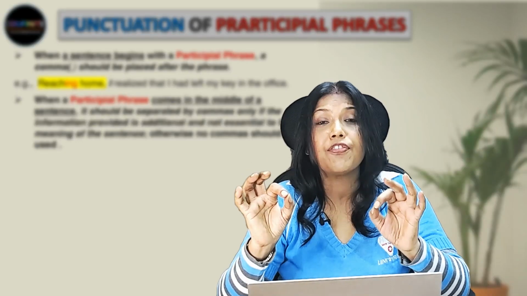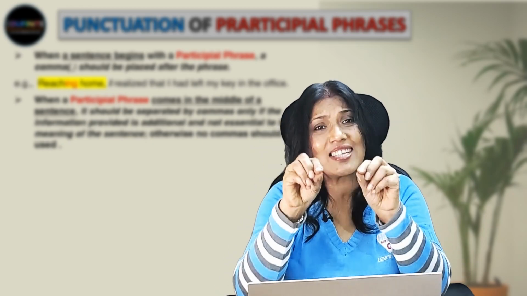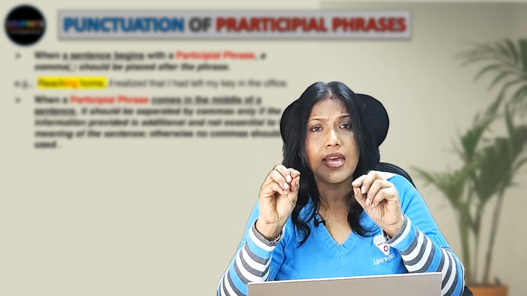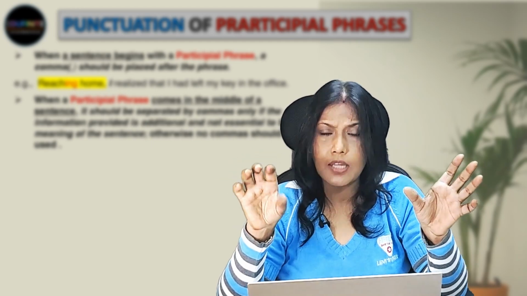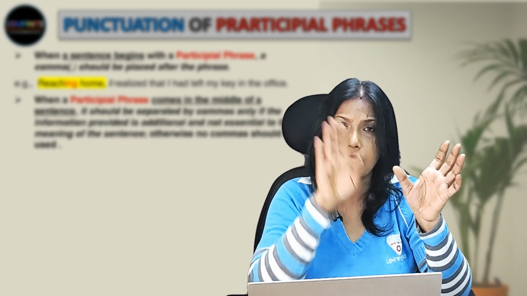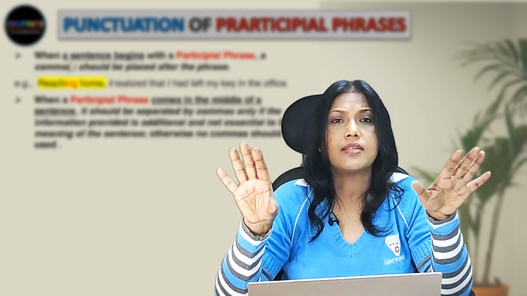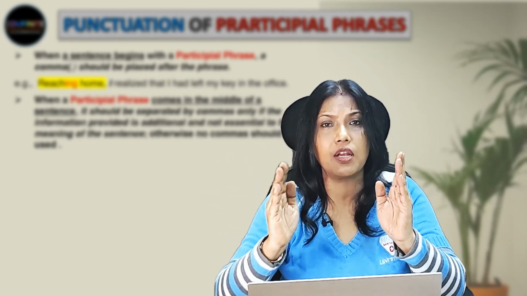If the participle phrase that you're inserting in the middle of a sentence is additional information about the noun, it's not required. Without that additional information, the sentence gives its complete meaning. That's just additional information.